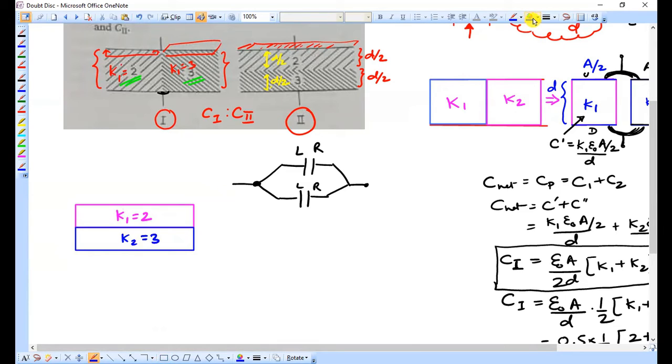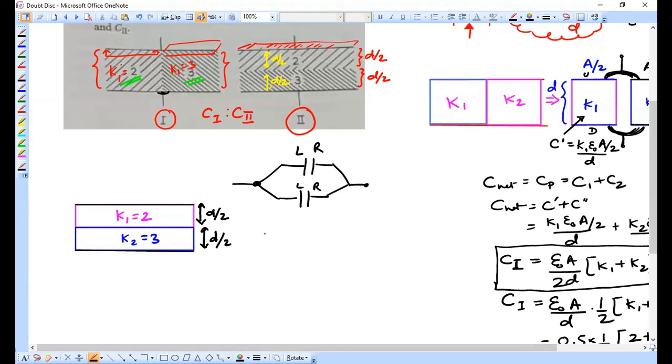Now these two dielectrics have occupied half of the distance between the two plates. This is one plate, this is another plate. The dielectric now occupies half of the distance.